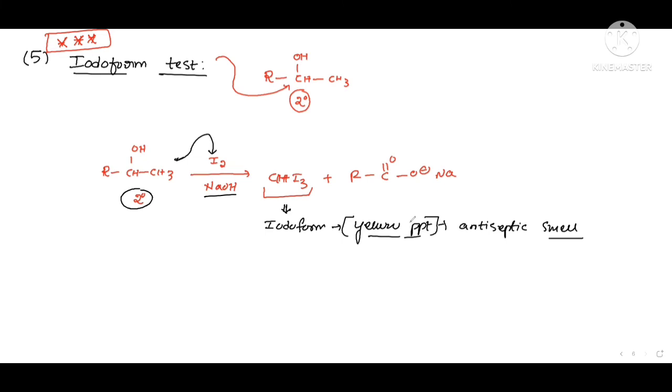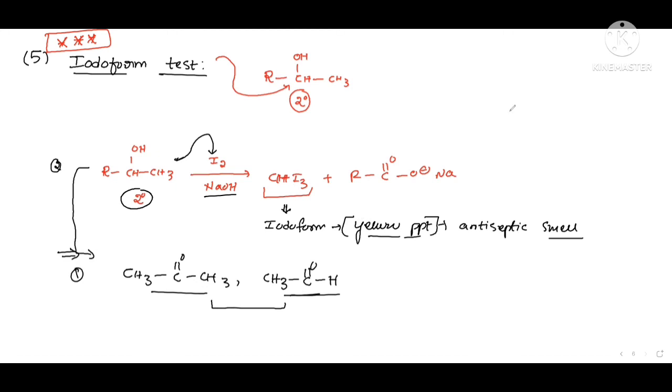By this, you can conclude that the given compound contains the alcohol functional group. The haloform test is also given by CH3-C double bond O-CH3, that is acetone, or acetaldehyde, that means CH3-C double bond O-H. These acetone and acetaldehyde will also give this haloform test, and secondary alcohols will also give this haloform test.